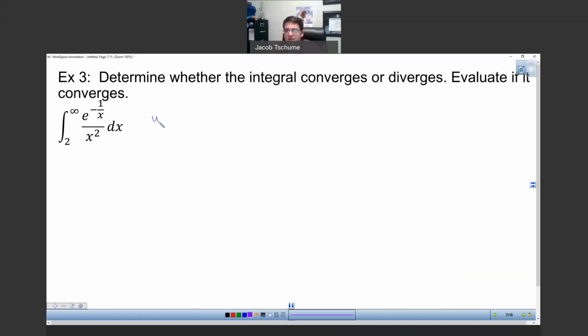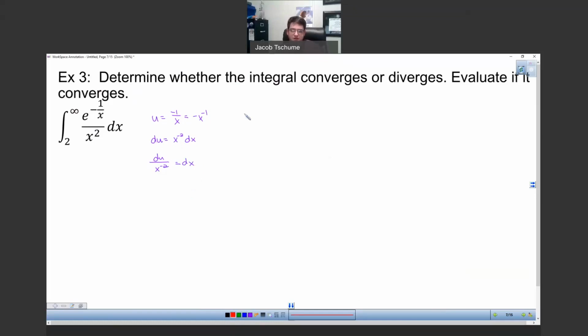So I'm going to let u be negative 1 over x, which is the exact same thing as negative x to the negative 1. Therefore, du would end up being x to the negative 2 dx, and dividing that over would say du over x to the negative 2 is equal to dx.